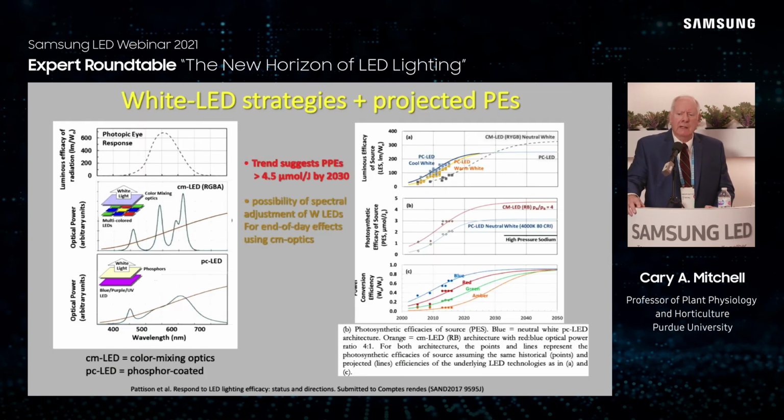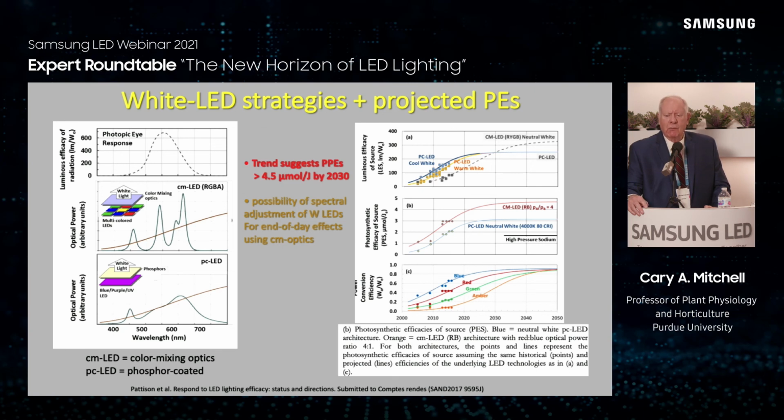They're even higher now, and Ash showed you some graphs of them being over 3, which is a really good level. In the middle graph there's a projection that the efficacies of LEDs is going to go way up before it plateaus in the 2030s.